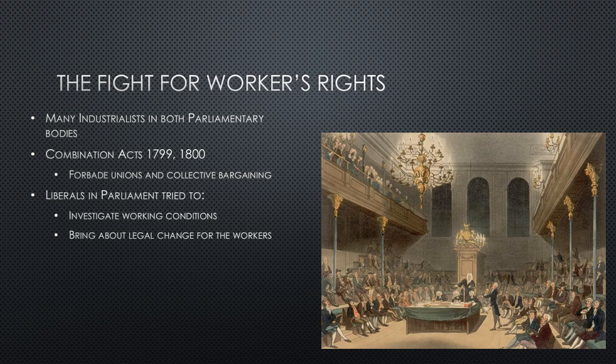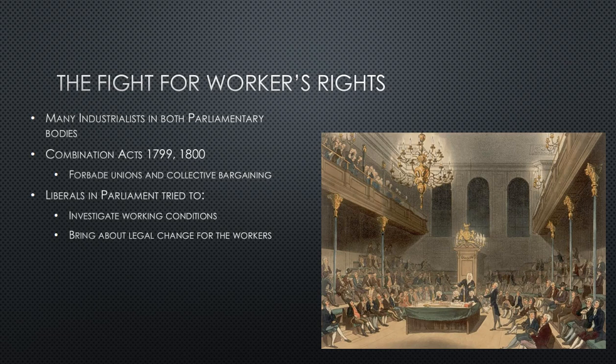So, while there were many industrialists, and of course their allies in Parliament, there were also people called liberals. And again, as with the term union, let's try not to think about any modern notions that we have with liberals. I'm sure you've heard of many people using it as a derogatory term. Maybe you yourself have used it as a derogatory term.